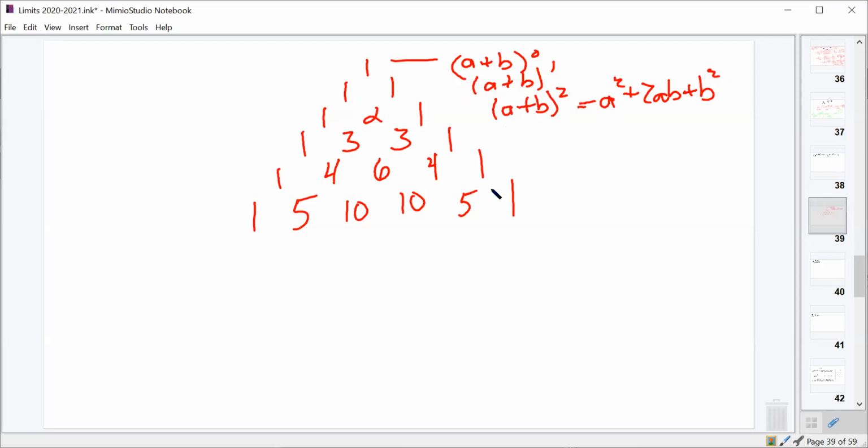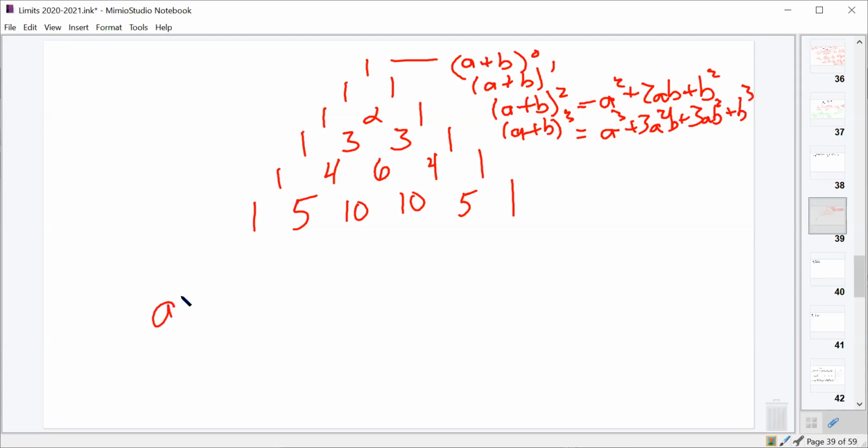That's our second row. This is row 0, row 1, row 2. Our third row should be the coefficients if we expand out (a plus b) to the third, which is a cubed plus 3a squared b plus 3ab squared plus 1b cubed: 1, 3, 3, 1. And same down here.